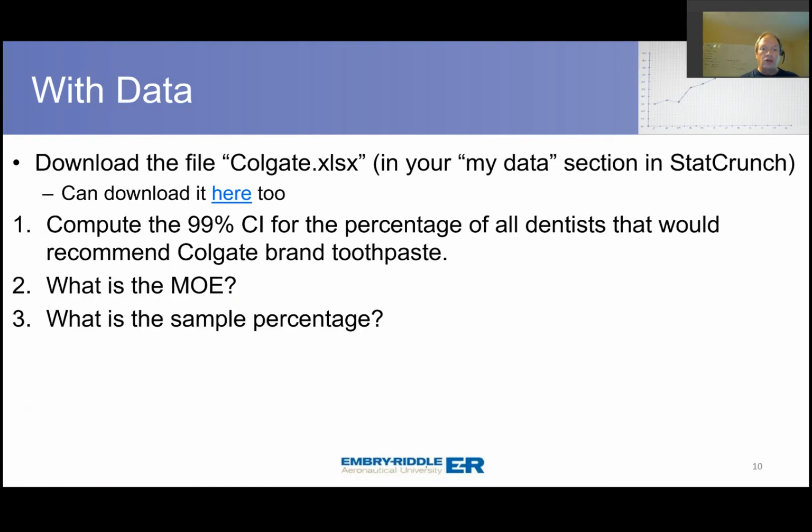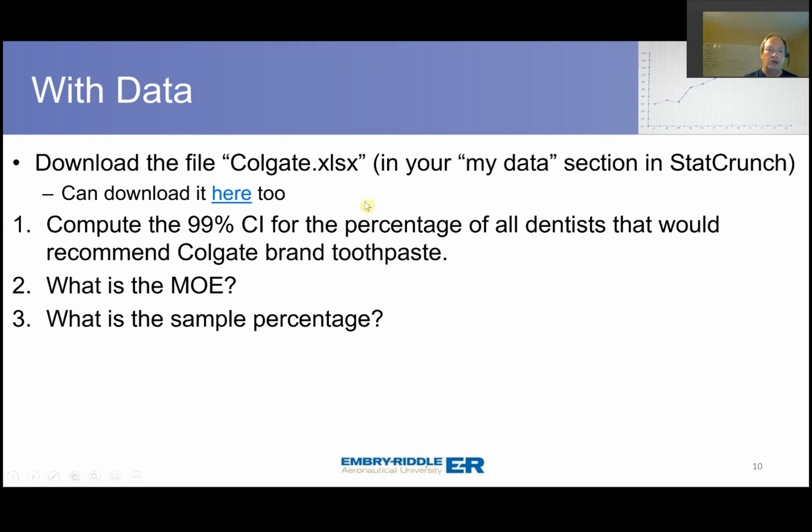So what I want you to do now is download the file Colgate. We actually used this before, so if you're in StatCrunch, you can go to My Data. It should be there. But if not, you can click on this hyperlink, and that will also get you the data set. You remember that was the data set where we looked at a number of dentists, and we wanted to see whether or not they would recommend Colgate along with other brands.